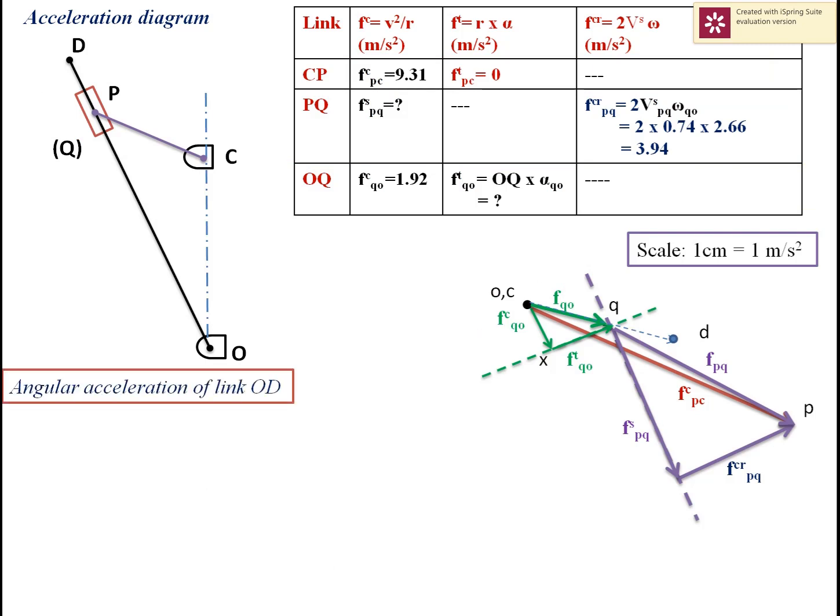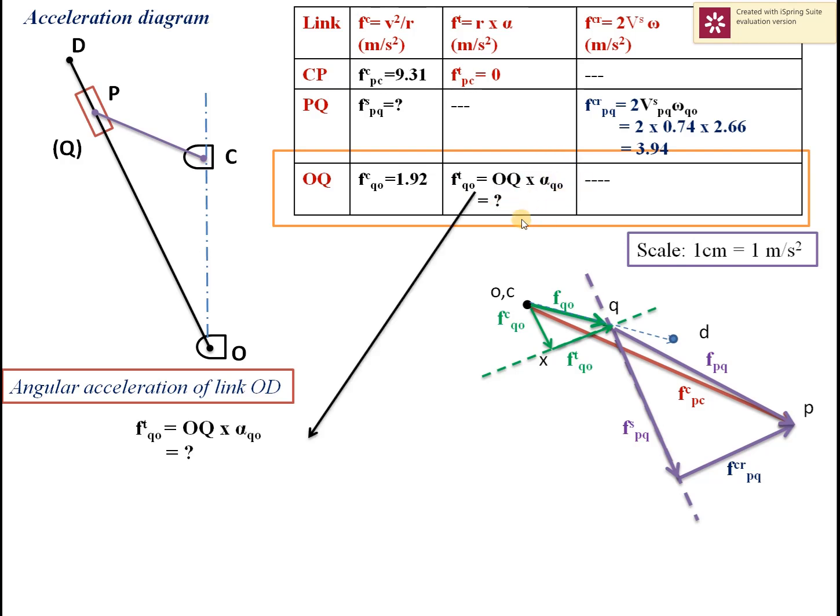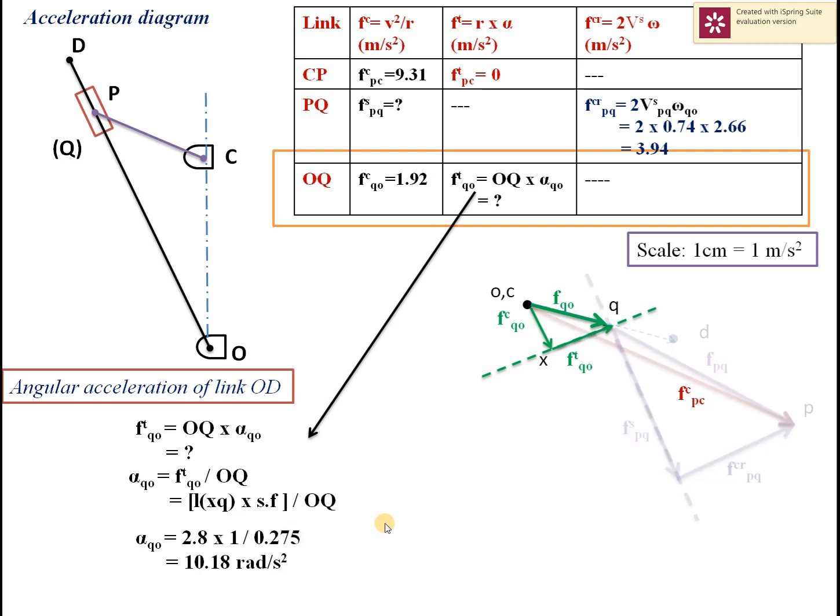Now we'll determine angular acceleration of link OD. We'll make use of FTQO to find out alpha QO, that is angular acceleration of link OD. So from this we have alpha QO is equal to FTQO divided by OQ. The value of FTQO is the magnitude of FTQO, which is equal to length of vector XQ into scale factor of acceleration diagram. So we'll measure length of this vector representing FTQO.